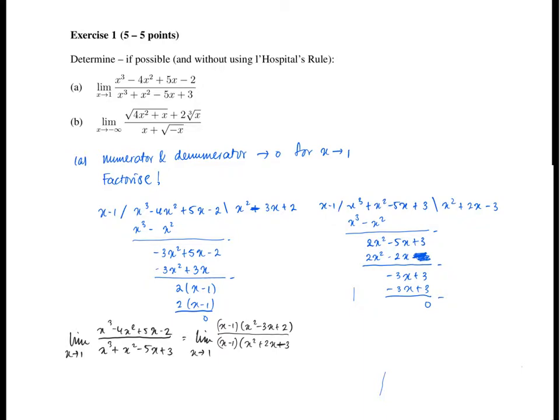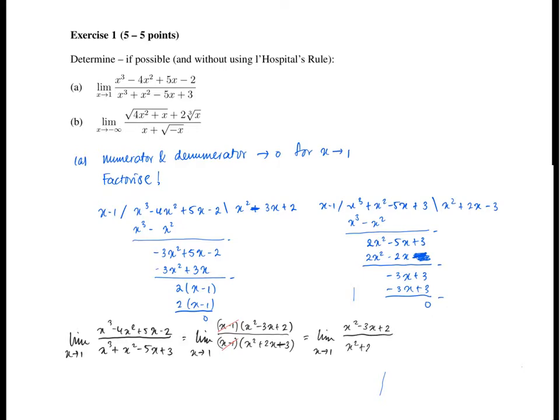Now the terms x minus 1 cancel out in the numerator and denominator, and we are left with the limit x to 1 of x squared minus 3x plus 2 divided by x squared plus 2x minus 3.